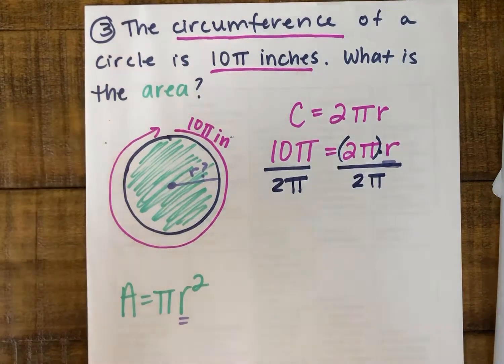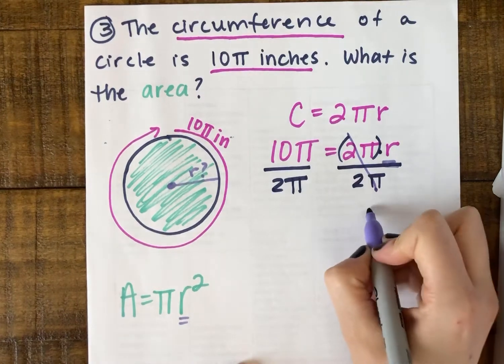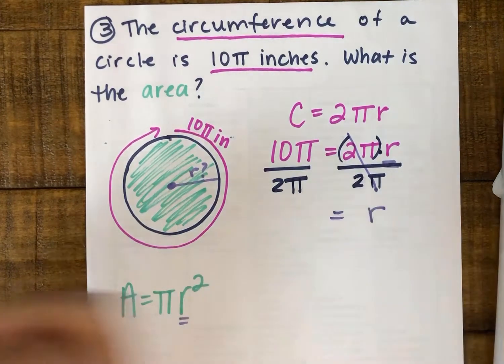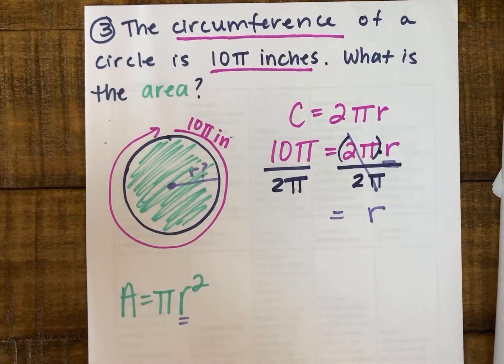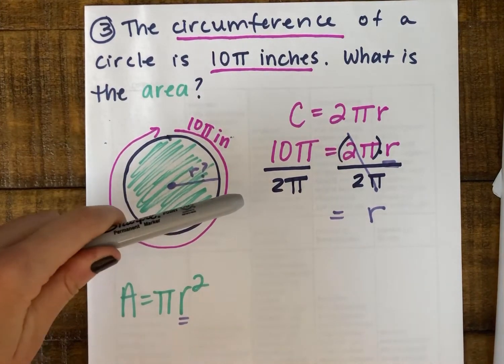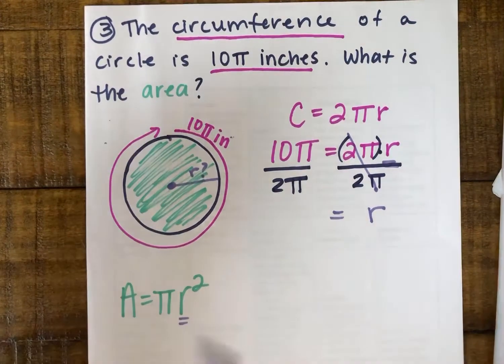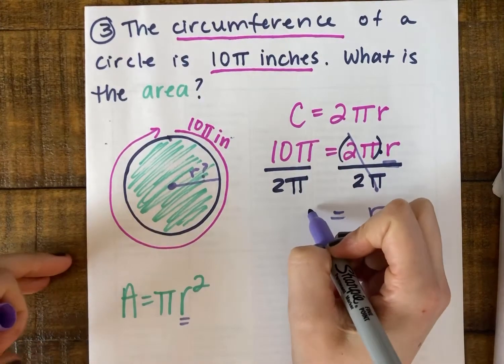On the right-hand side, these will cancel out. So I'll be left with just the radius, the thing I want to know, being equal to 10 pi divided by 2 pi. One way you can calculate this is by typing it into your calculator: 10 pi divided by 2 pi.